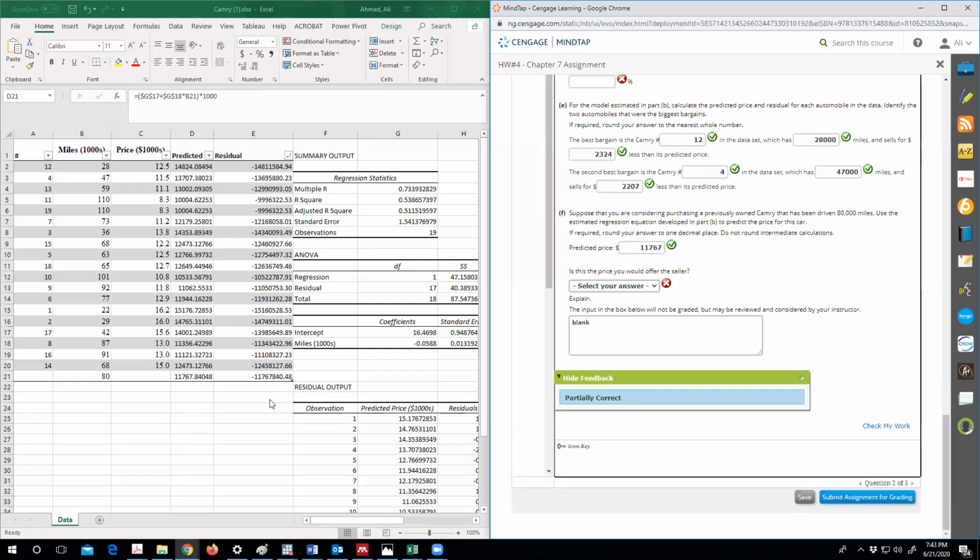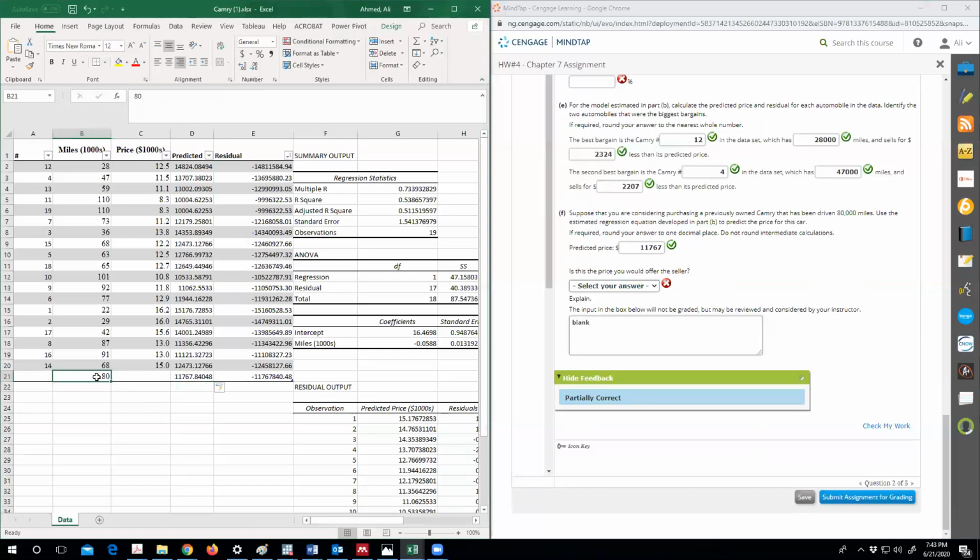No, that's not the actual, because this kind of a car is not in the sample. Sometimes it's called out-of-sample prediction. So we don't have a previous example. We have no cars which are driven 80,000 miles. So it's a guess. You can take a nearest sample like 77,000 miles, which is around $11,944 predicted.